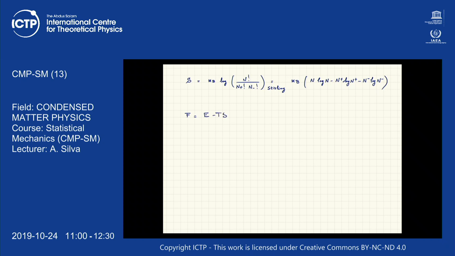At this point we already assume that we are far away from the critical point because of the Stirling approximation. The critical point is not a problem. The problem is zero temperature, because at zero temperature all the spins are going to be up and none down.